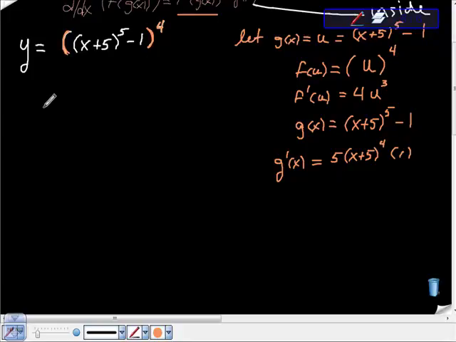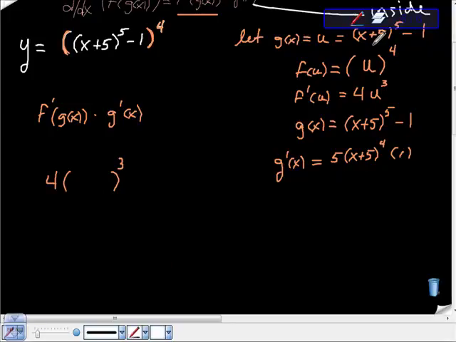Remember that we need f prime of g of x times g prime of x. So my f prime was this. It's 4 times u to the 3rd. And you're like, why aren't you putting in u?